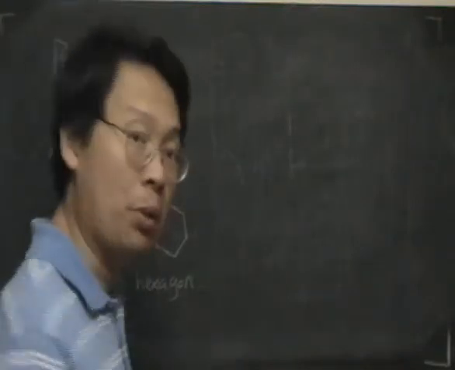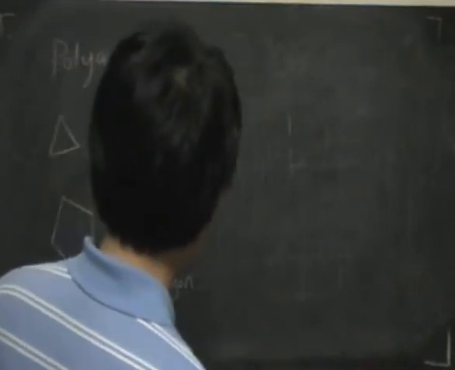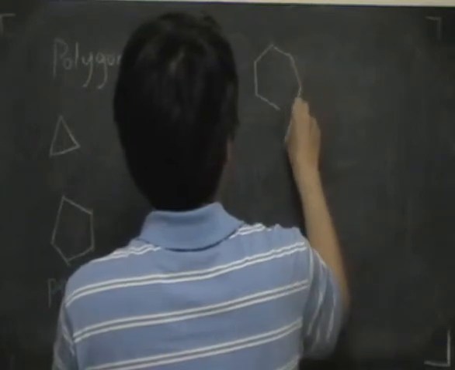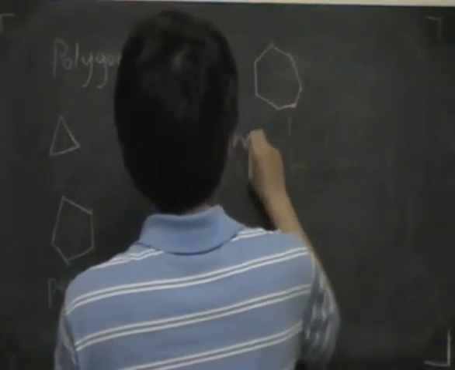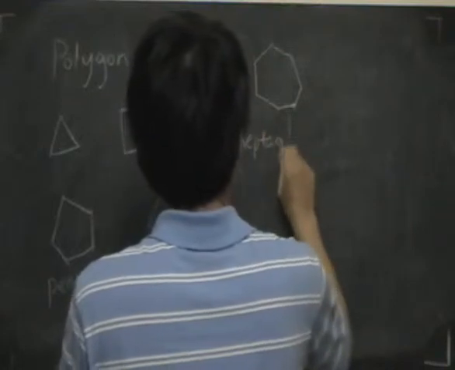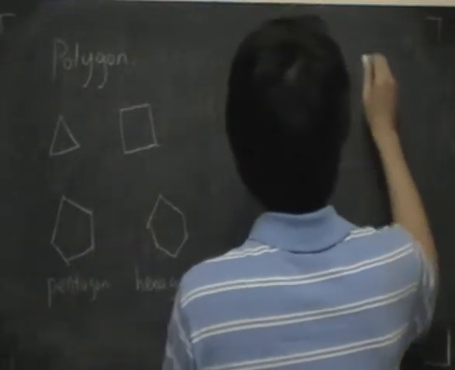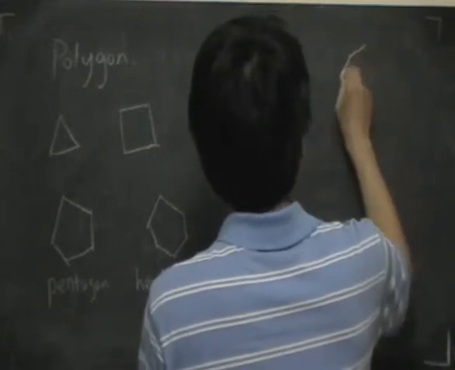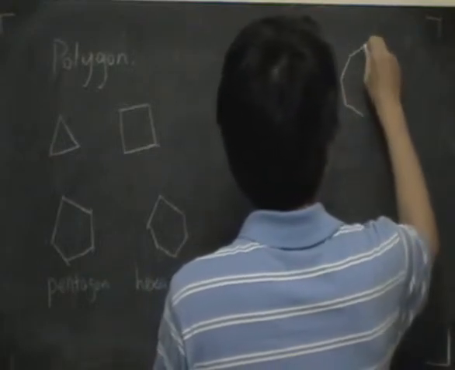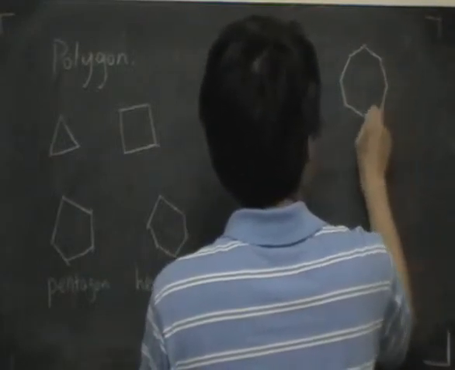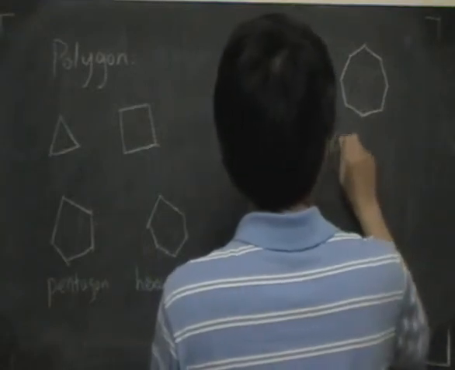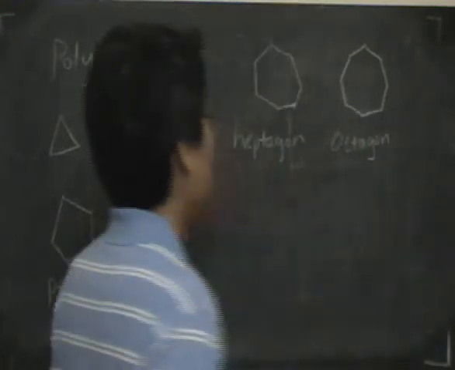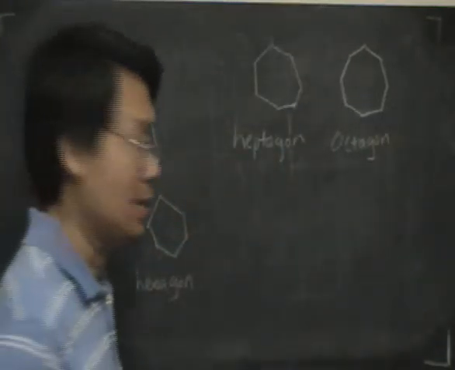Okay, while we're here, I might as well write down the names of a few more. That's 7 sides and it's called a heptagon. There's 8 sides and it's called an octagon. Now I'm not going to try and draw the 9 and the 10 sides.